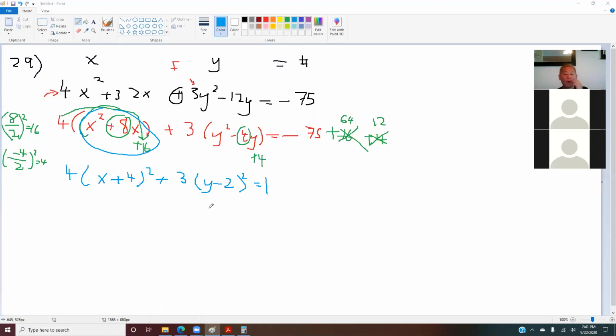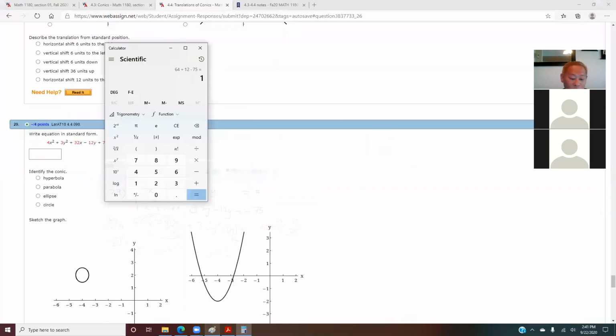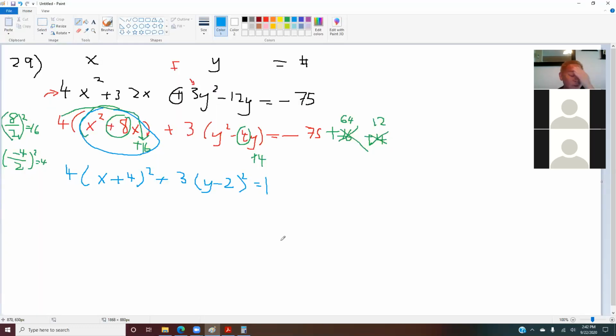Now, this is the one that a lot of students ask me during the homework, because I have a lot of students. As you know, when you do this, by the way, is this a circle or is this an ellipse? Because it's a plus, we know it's a circle or ellipse, right?